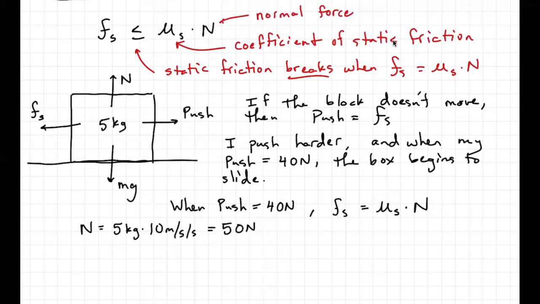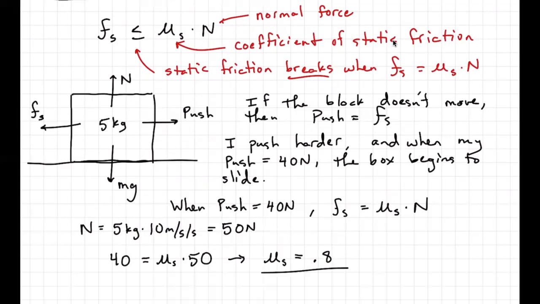So at that moment when I'm at the threshold, my push, 40 newtons, is equal to the maximum value of the static friction, which is mu_s, which I don't know, times the normal force, which is 50. So that tells me that the coefficient of static friction between these two surfaces is 40 over 50, or 0.8.